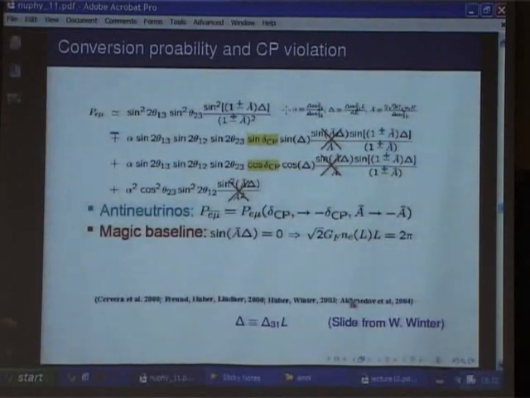And we saw that this term is very simple. As we saw, the simplest way to determine hierarchy would be to look at only this term and then look for neutrino, anti-neutrino. For neutrino you have large oscillations or small, and that will be what the hierarchy is. So it's desirable to be able to suppress all these three terms. Turns out it is possible to suppress all these three terms if we can get sine of A hat delta equal to 0. So let's see what's possible.